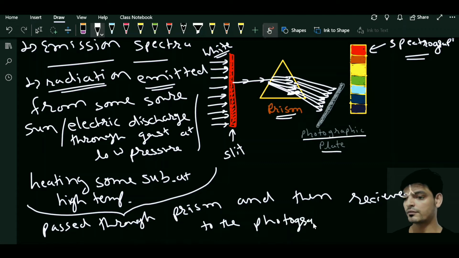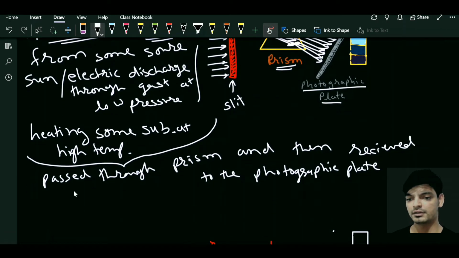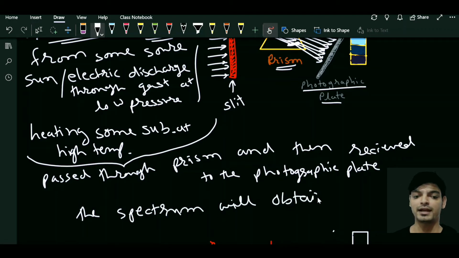On this photographic plate, what we are getting is the spectrum. The spectrum will be obtained on this photographic plate, and this kind of spectrum is known as an emission spectra.